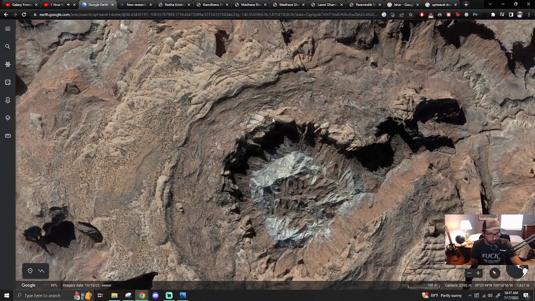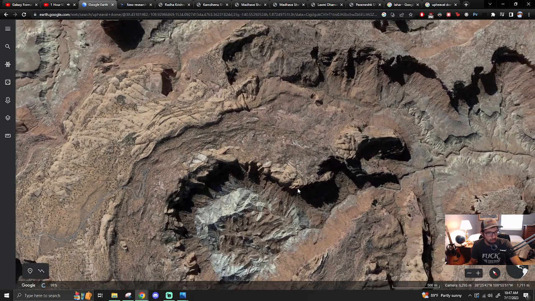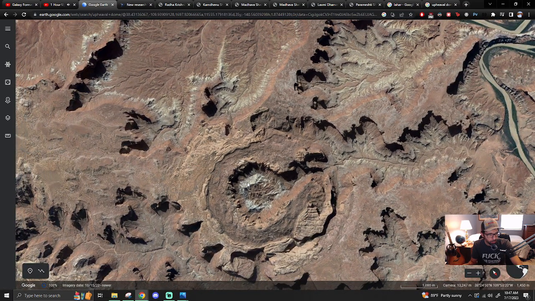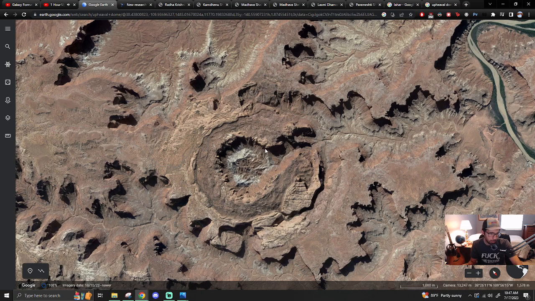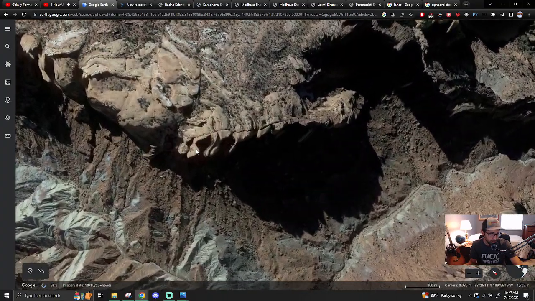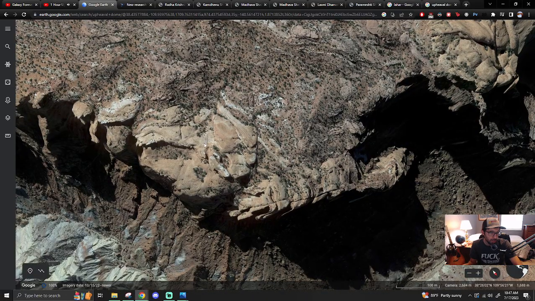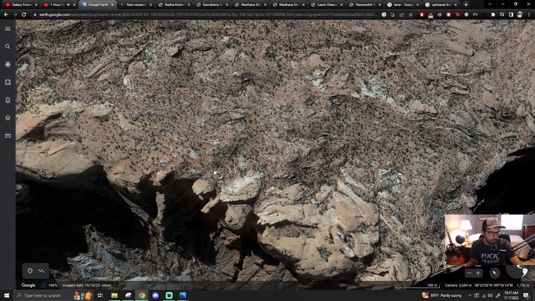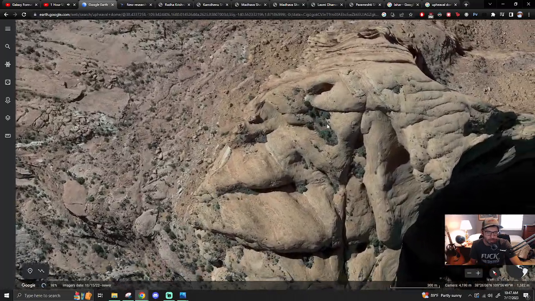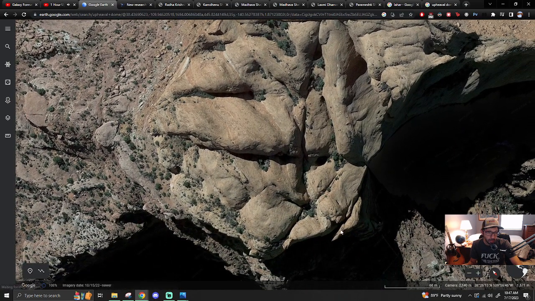Over here, they're like fanning out. And then back before that, they're like maybe doing that. Looks like only there, really. That way and that way.